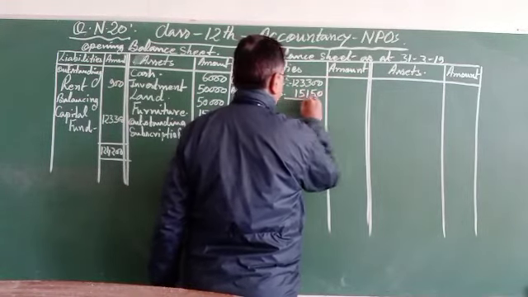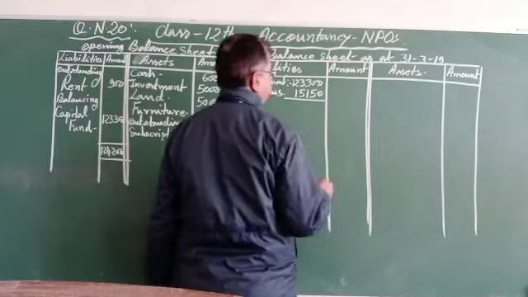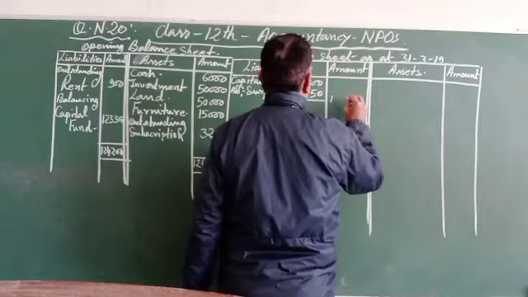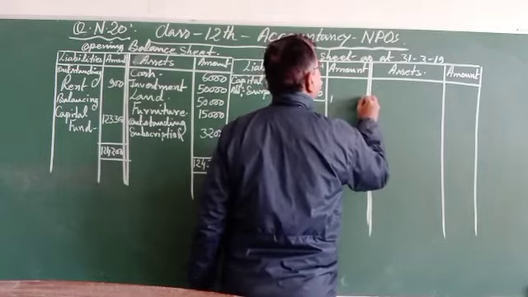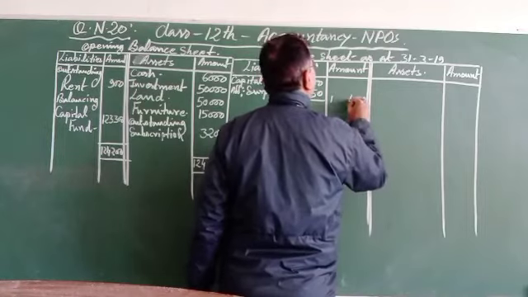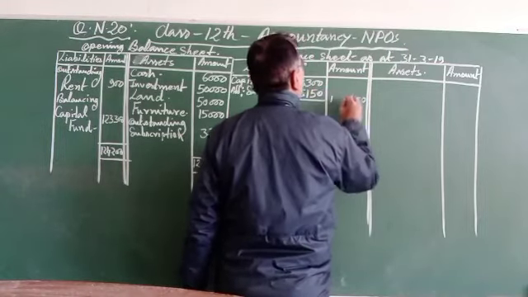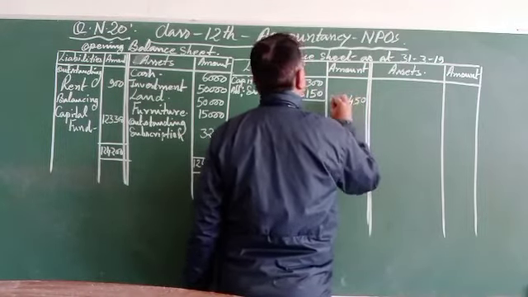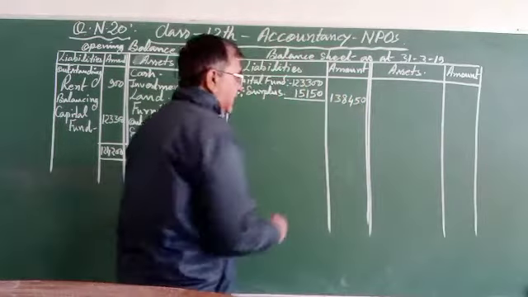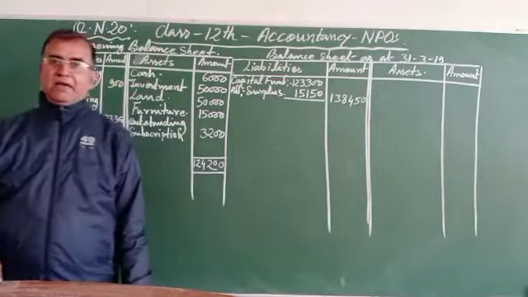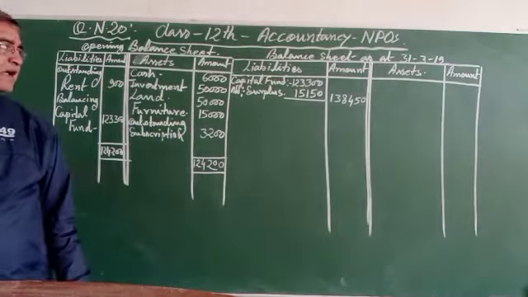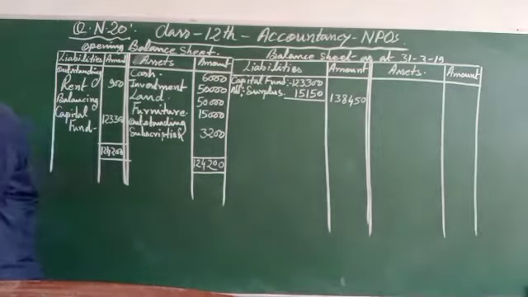Add this one, and it comes to 1,38,450. That will be the capital fund after adding the surplus.